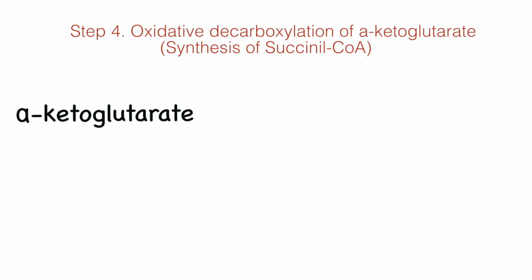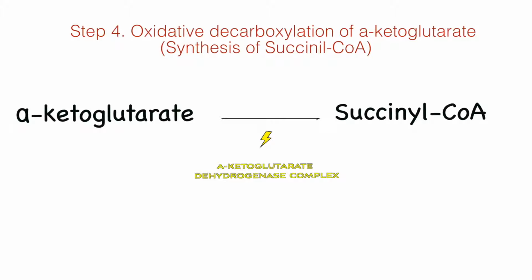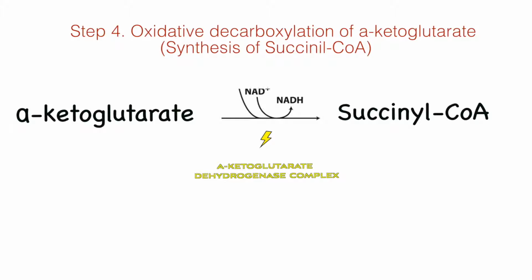Alpha-ketoglutarate is converted into succinyl-CoA with the enzyme alpha-ketoglutarate dehydrogenase. This is the last oxidative decarboxylation, just like in the previous step of the cycle. Again, the oxidation of alpha-ketoglutarate to succinyl-CoA is coupled with a reduction of NAD to NADH.